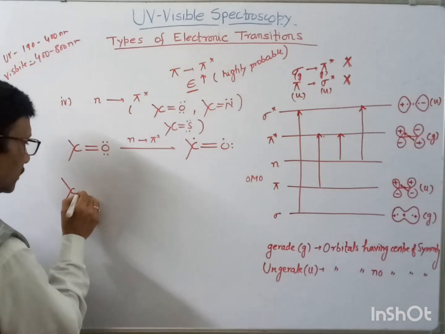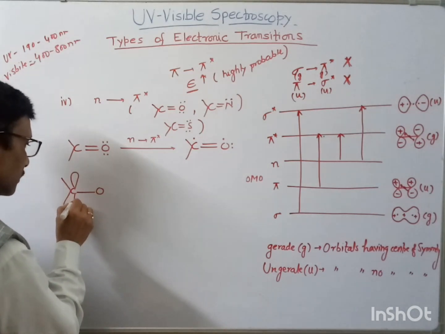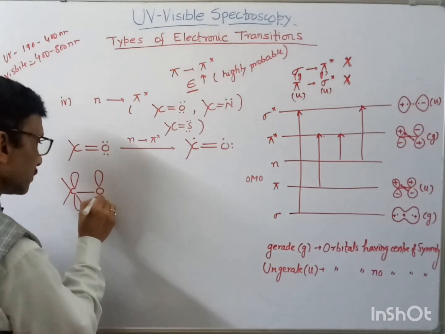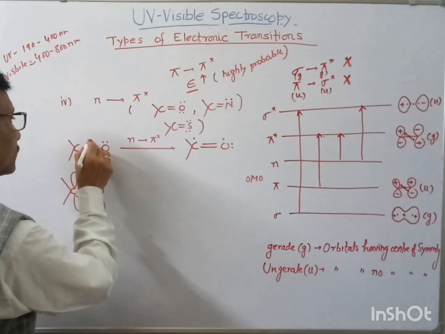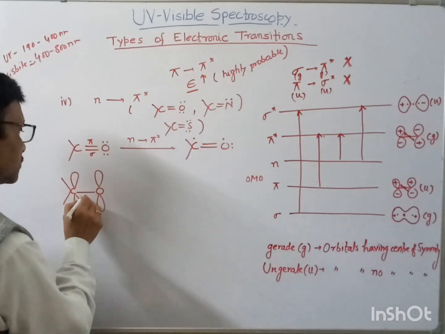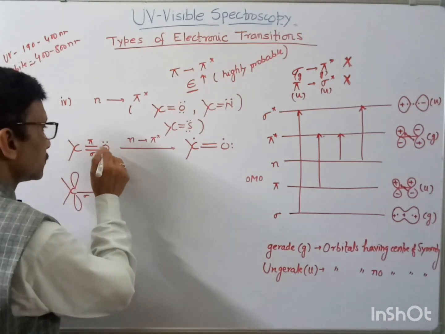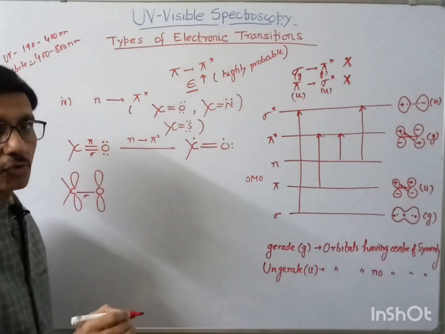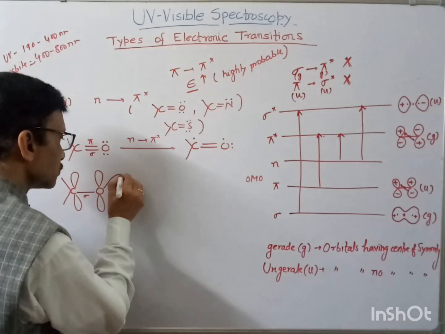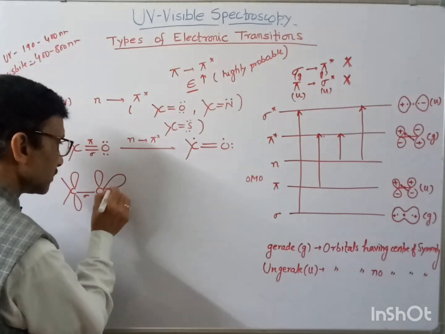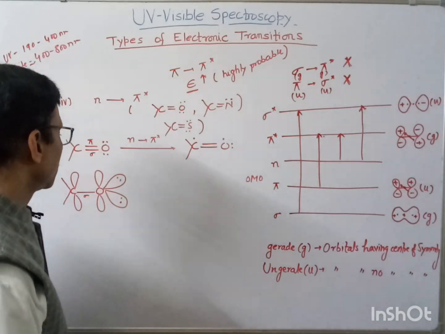Suppose we have this sigma bond, and this is our p orbital, which undergoes sideways overlapping to form this pi bond. And two non-bonding electrons, or lone pair of electrons, are present in the oxygen.